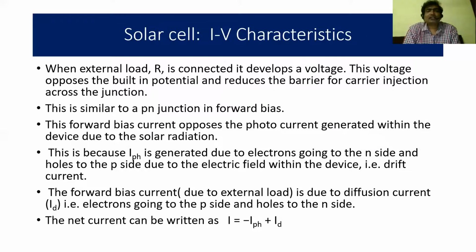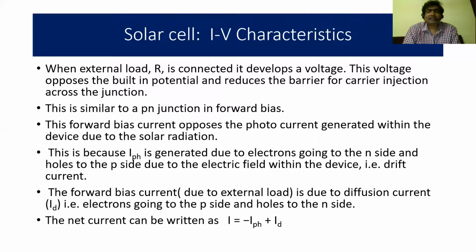When an external load R is connected, it develops a voltage. This voltage opposes the built-in potential and reduces the barrier for carrier injection across the junction. This is similar to the PN junction in forward bias. This forward bias current opposes the photocurrent generated within the device due to the solar radiation.